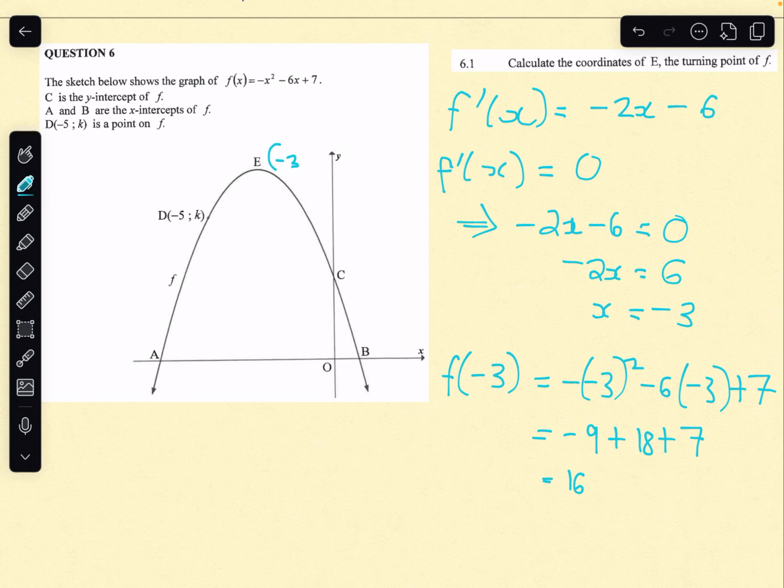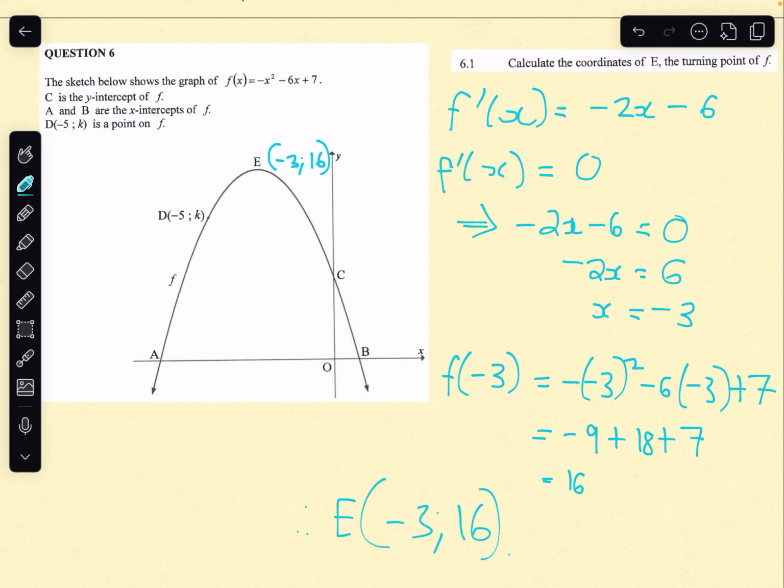Okay, right, and just to clarify what happened with the signs, minus 3 squared, so minus 3 times minus 3 is positive 9, and then this negative negates it again. Minus 6 times minus 3 gives us plus 18, and so on. Right, so the coordinates are minus 3 and 16. Right, so don't forget to conclude with that.